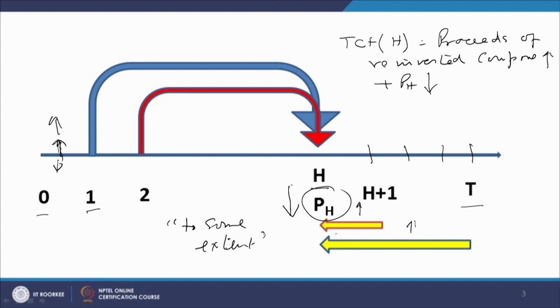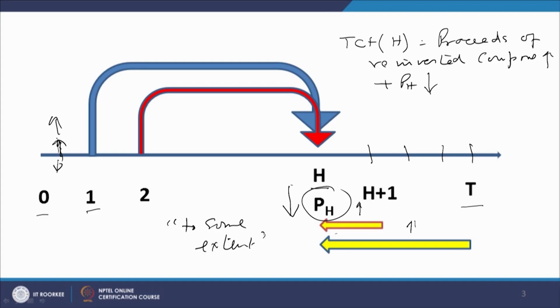Suppose you are holding the bond only for 1 year, then obviously you are not reinvesting any coupon. So, if the interest rates increase here, that is not going to benefit you in any way, the reinvestment income is not going to change because you have not reinvested any income. On the other hand, the discounting will be for a number of periods up to t.